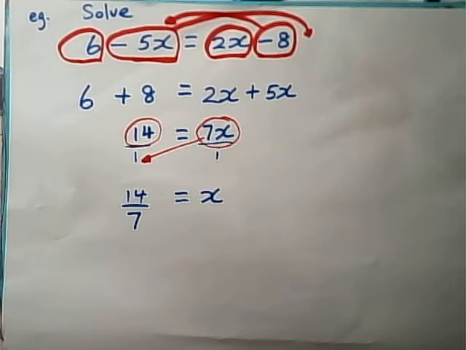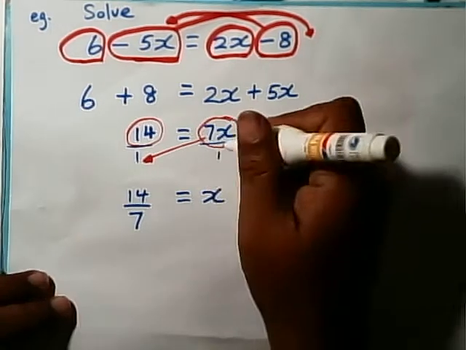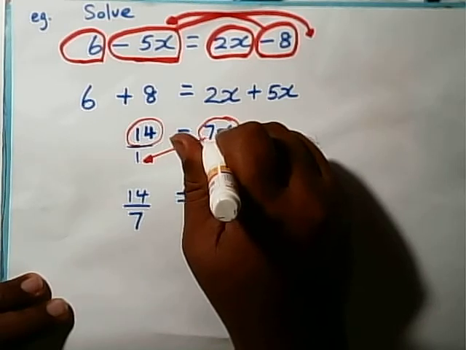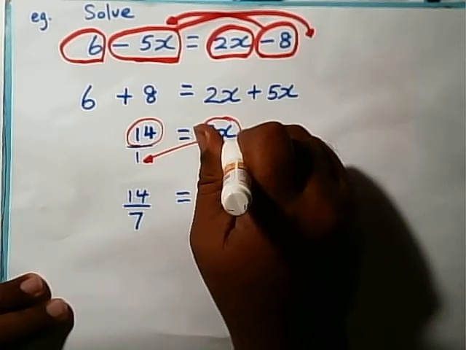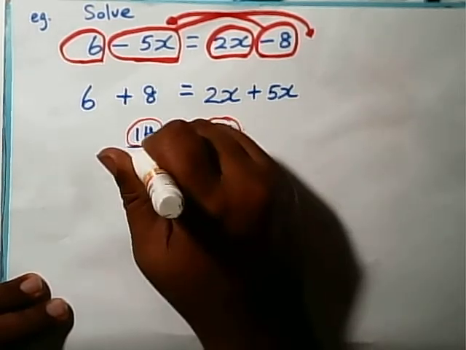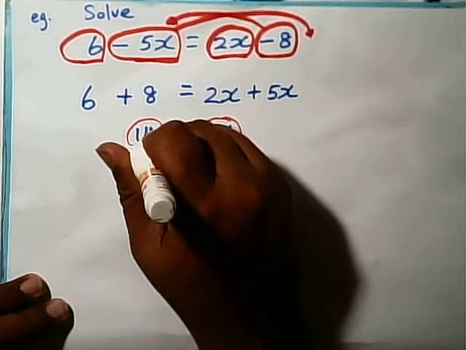Okay, so that's what I do. And I don't even bother to show all these over 1s. So this is what you would actually see in my book. In my book, you will just see a 7x, because we kind of take these ones for granted.